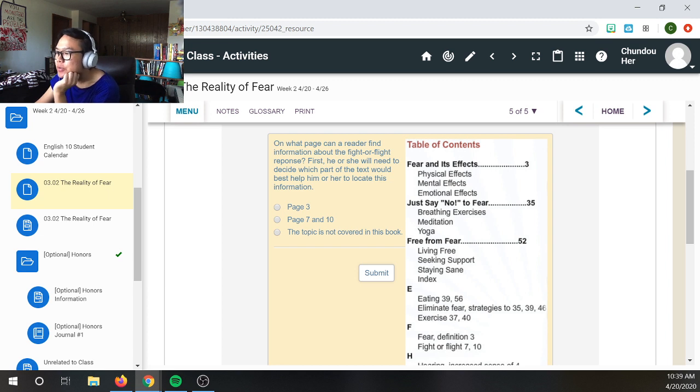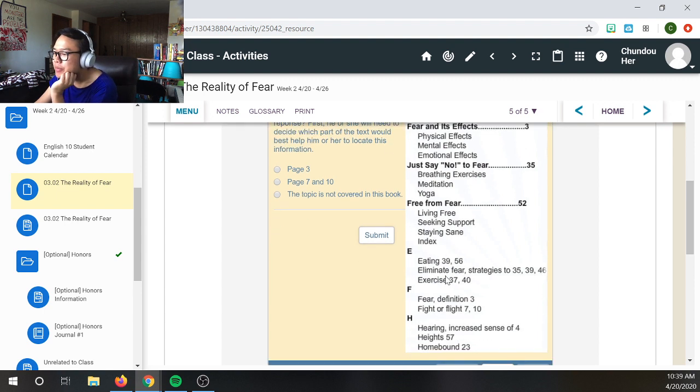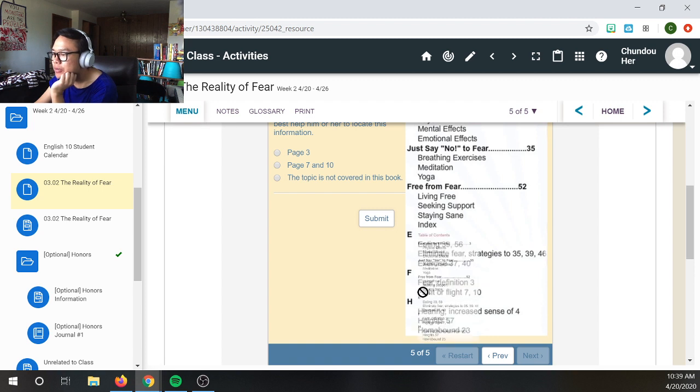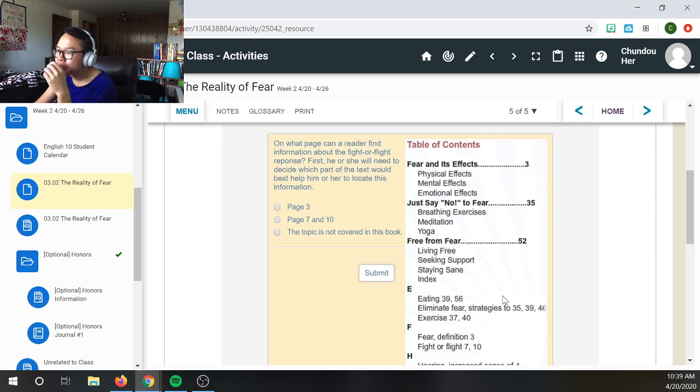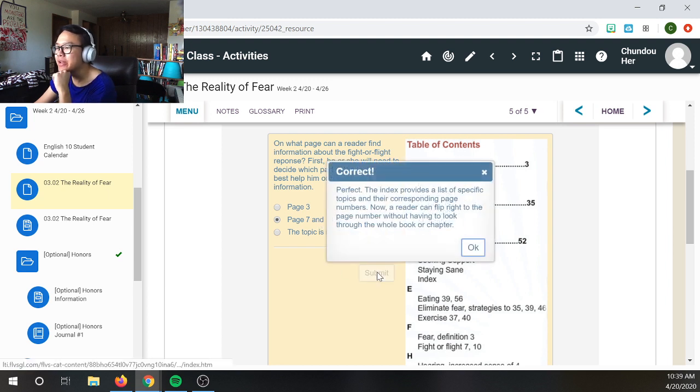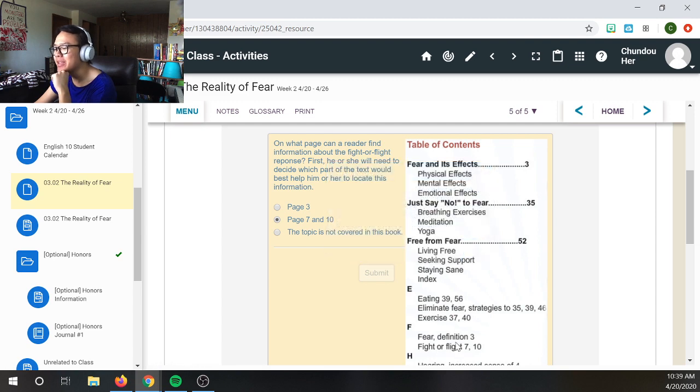Let's see, we're trying to look for the fight or flight response. When I'm taking a look, oh, it says right here in the index, fight or flight, 7 and 10. So, I guess pages 7 and 10, because it's right in the index.